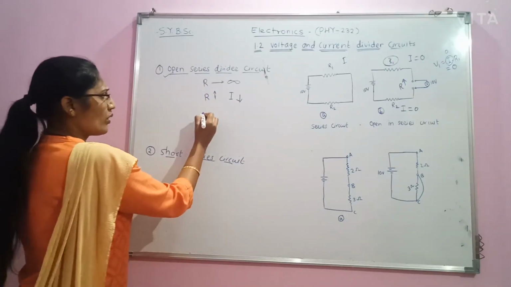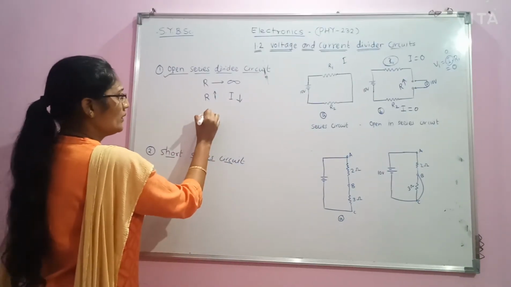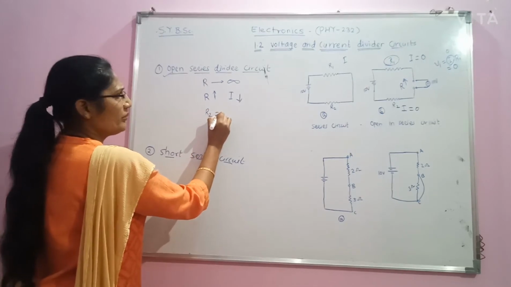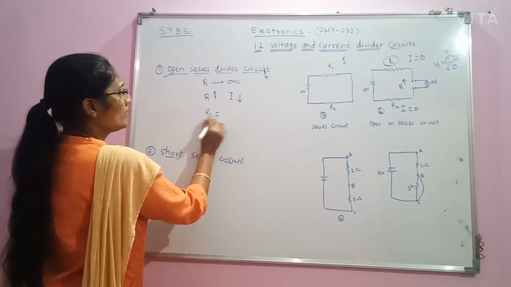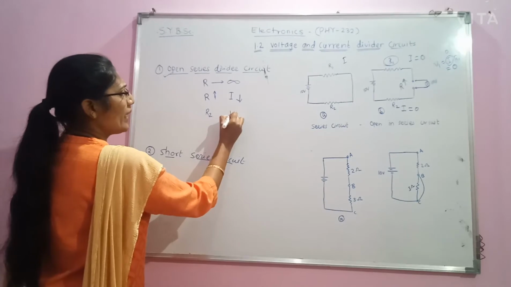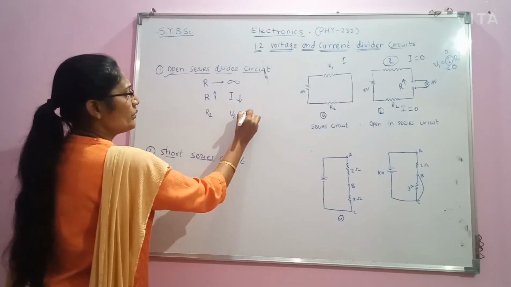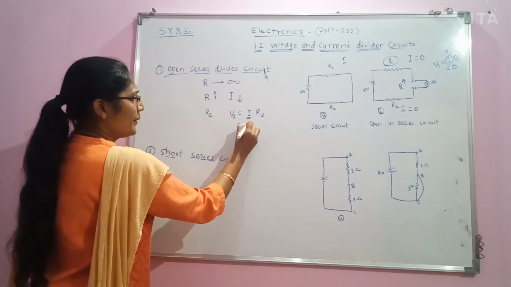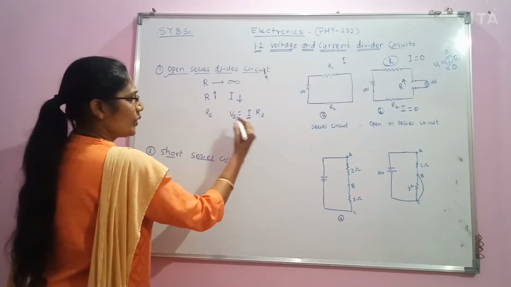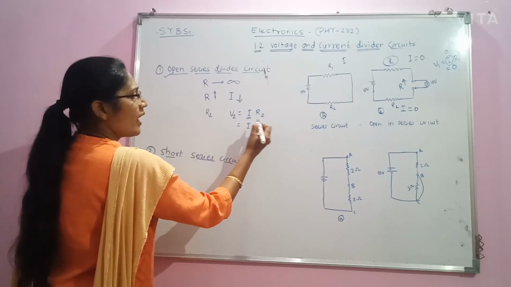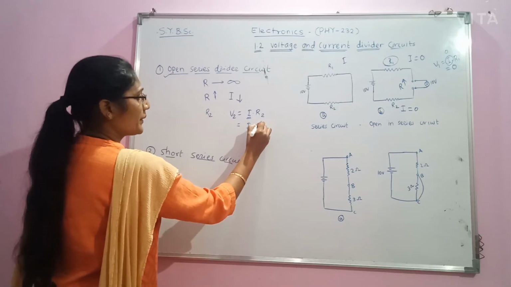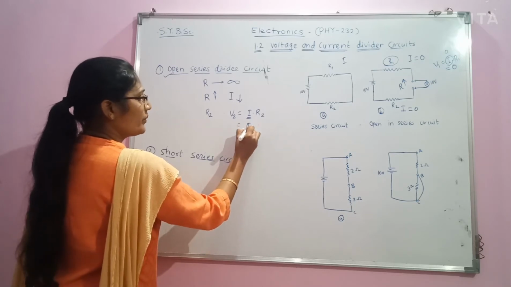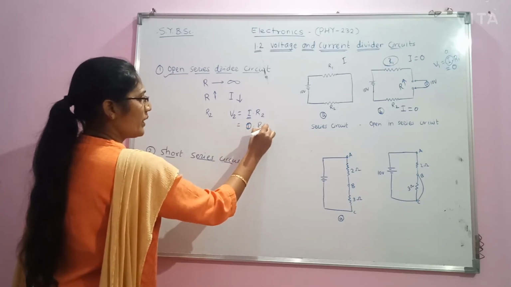The voltage drop across R2 is given by V2 equal to I into R2, and as the value of I becomes 0 due to the open end, I into R2 is 0 into R2.